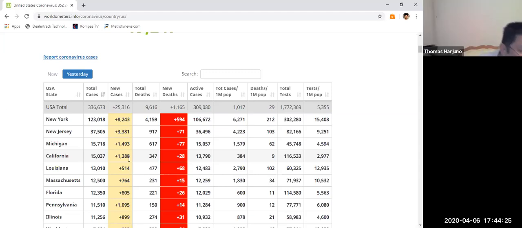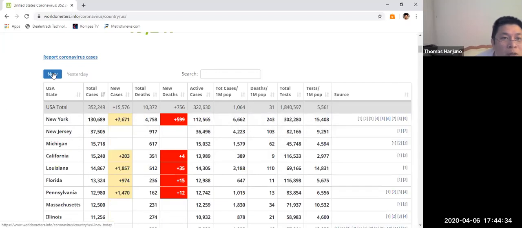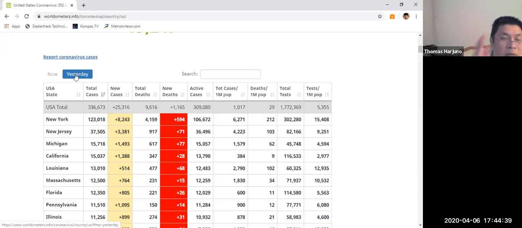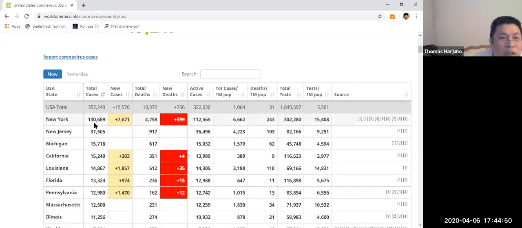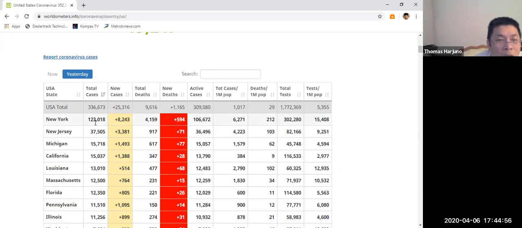I mean, we still have more people contracted, right? But it's less than what we had before. Look at New York. New York, 7,000. Yesterday is higher. Look at the new cases. Now, of course, the total cases is always accumulative, so it's always increasing. Yesterday was 123,000.